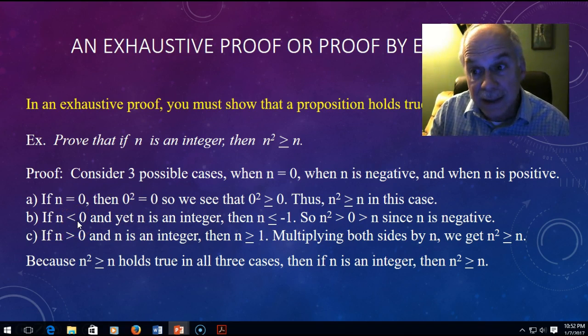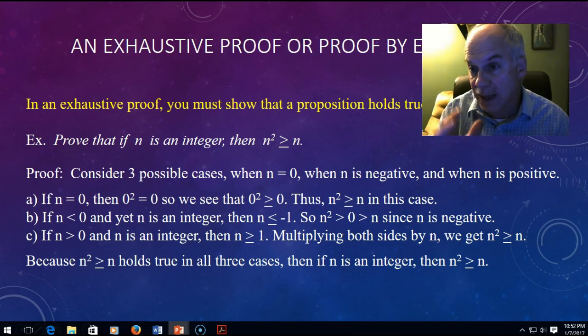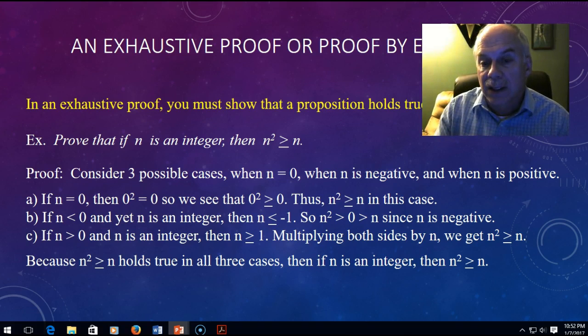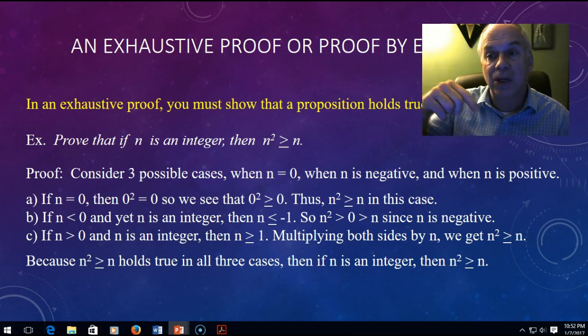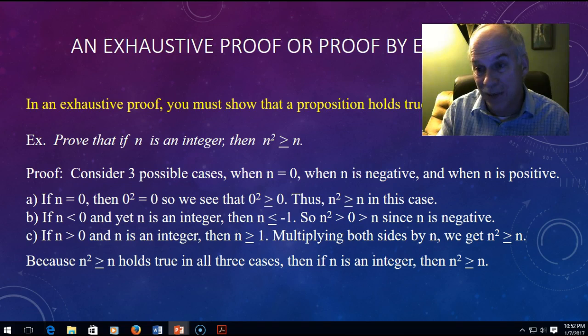If n is less than 0, and yet n is an integer, so the highest negative integer is -1, so n would be less than or equal to -1. Now, n squared, when you have a negative number, is greater than 0, which would be greater than n if n was -1. 0 is greater than any negative number. So therefore, n squared would be greater than n in that case.